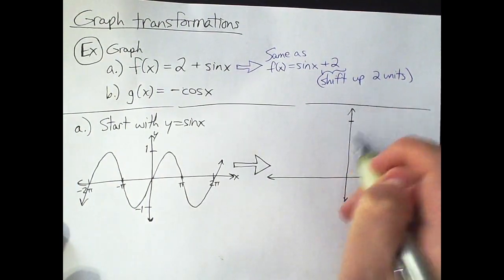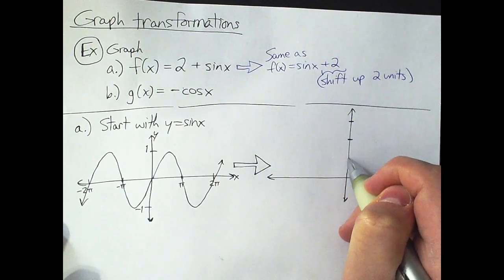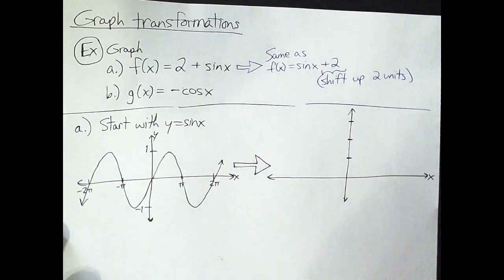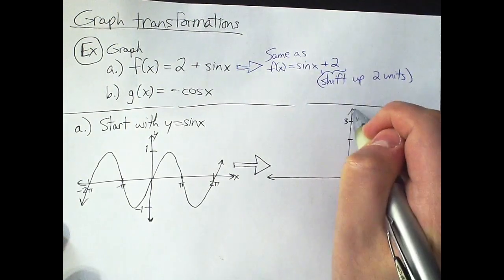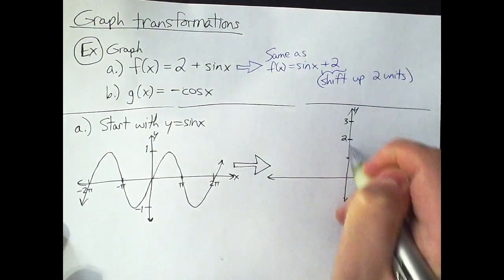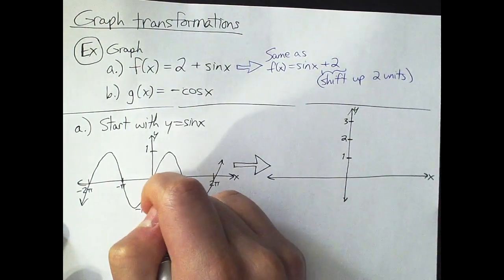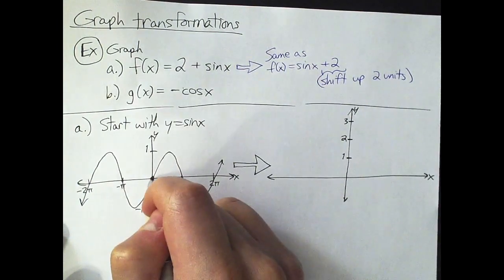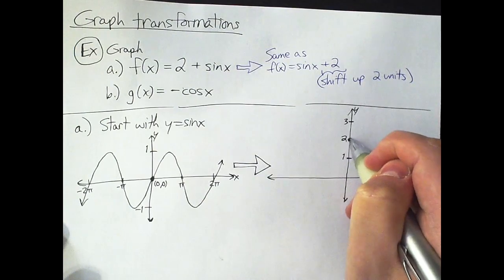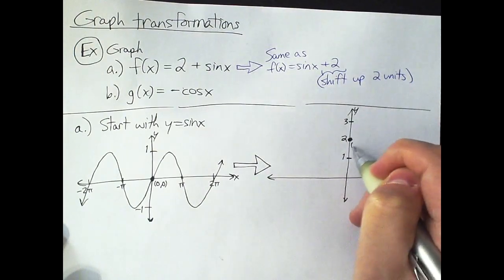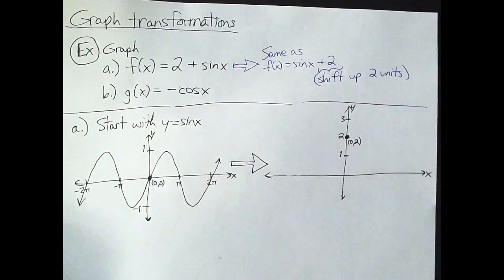So let's make sure this graph goes up to at least 3. All right, do you agree with that? We need to go up to at least 3. How about this? The original graph of sine typically passes through the point 0, 0. We shift it up 2 units, it's going to pass through the point 0, 2. That's a start.